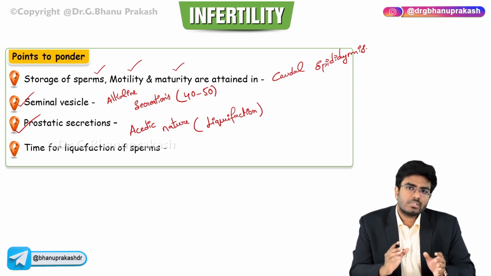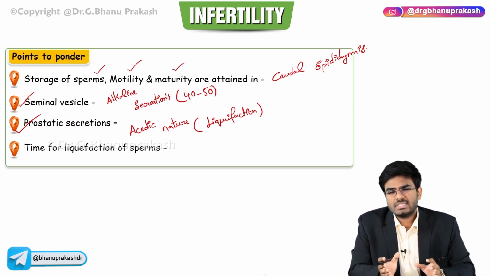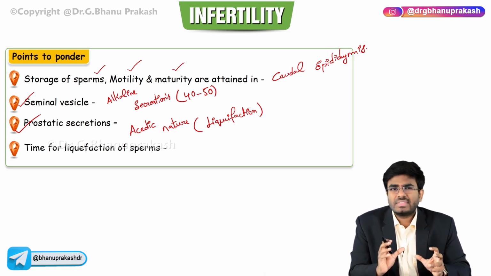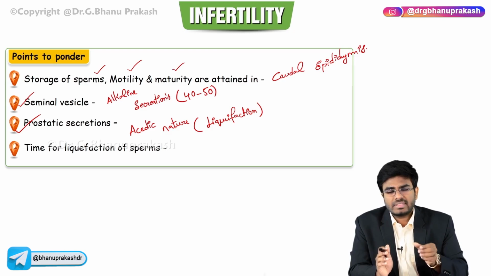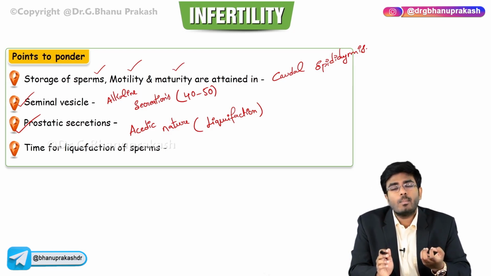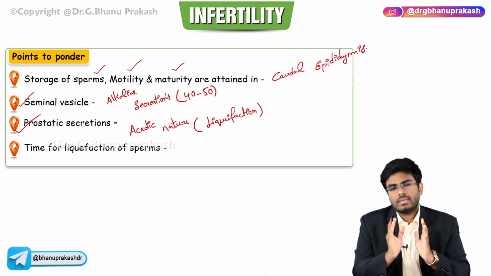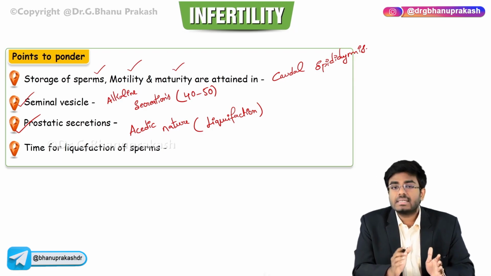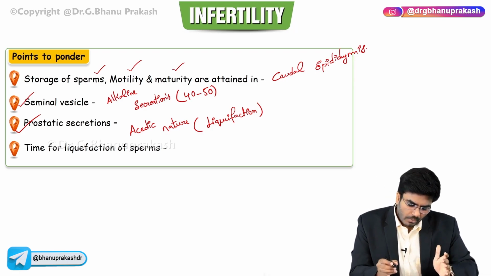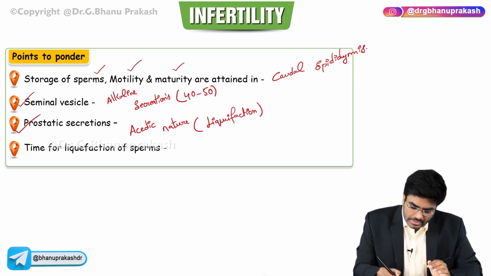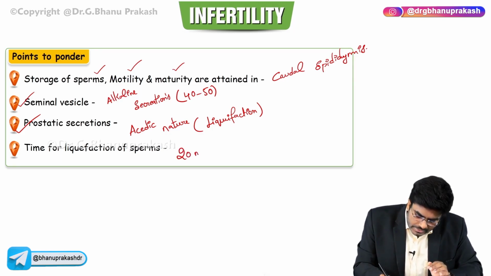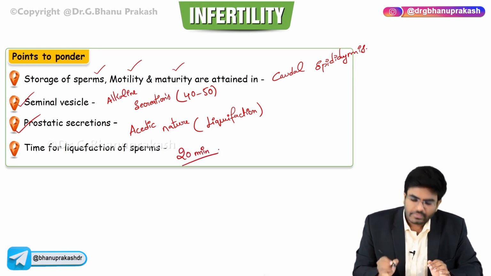The moment the semen is ejaculated from the penis, it is of a thick consistency, but as time passes the semen becomes more liquefied. That is known as liquefaction, and for that process it needs the prostatic secretions. The time for liquefaction is somewhere around 20 minutes.